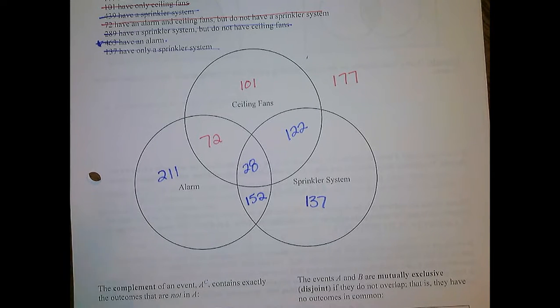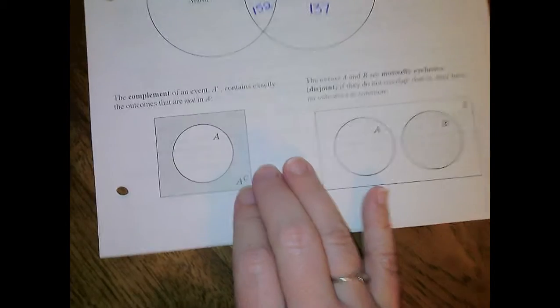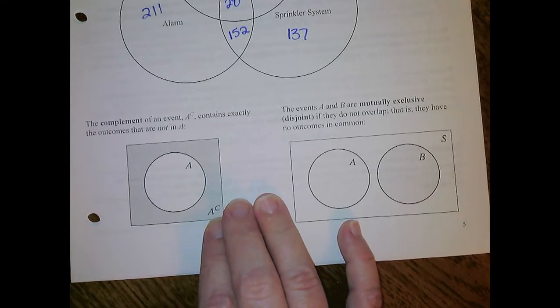So I want to look at some more representations using Venn diagrams that will emphasize what we're talking about when we talk about things being mutually exclusive or when we talk about the complement of an event and so on. So this first Venn diagram that I've given you shows A and A complement.